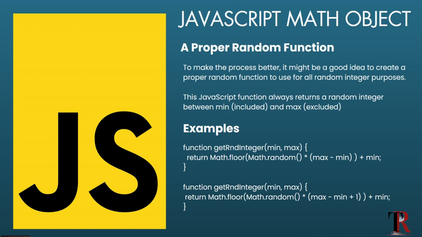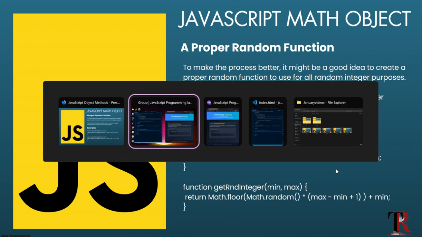So if you want the minimum and maximum to be included, you need to pass the +1 after that function.